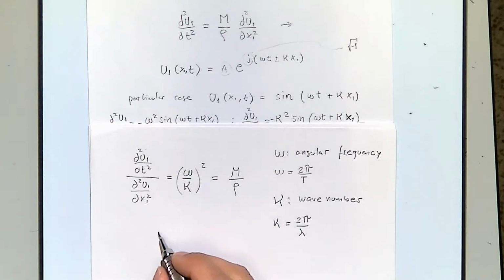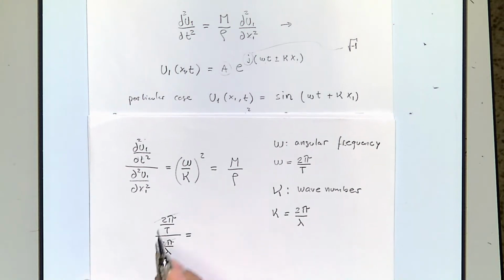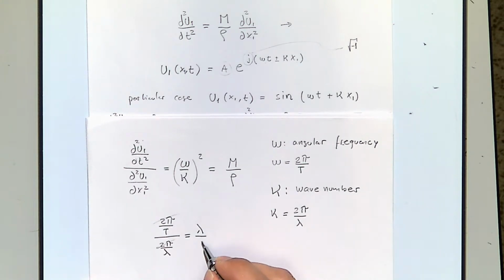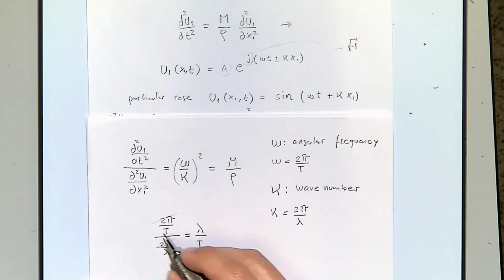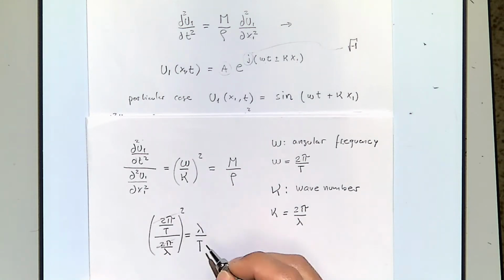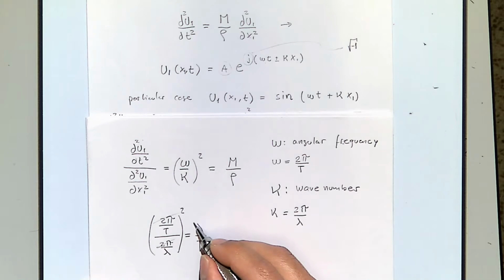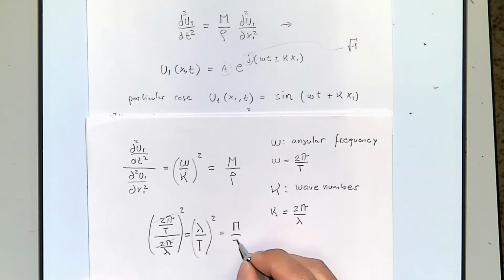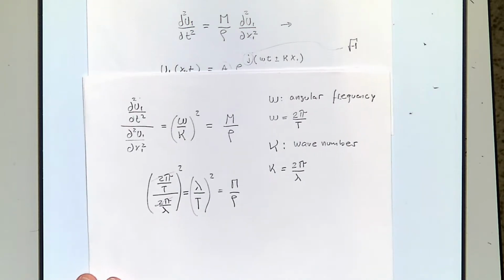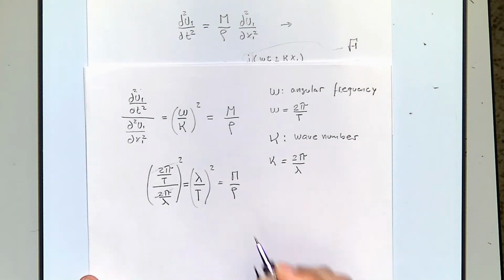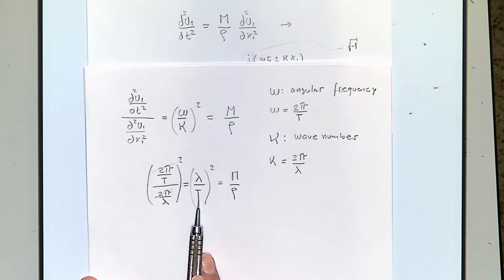So let's now use these two into there, and we will see that the frequency divided by that wave number is going to be equal to 2 pi goes away, and then this lambda is going to go to the top. It's going to be lambda divided by T, right? Let me add here the square, and here the square, equal to m over density. And now what do we have? We have a distance divided by the time.